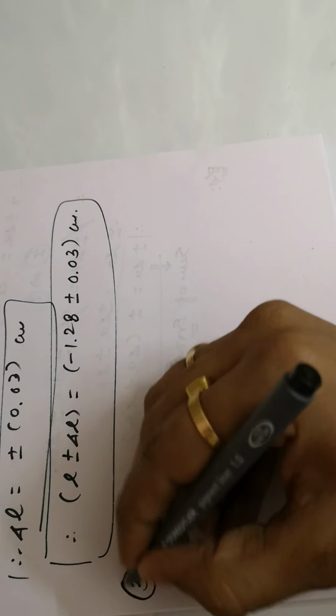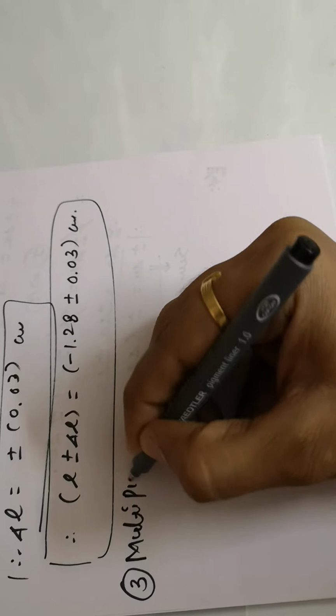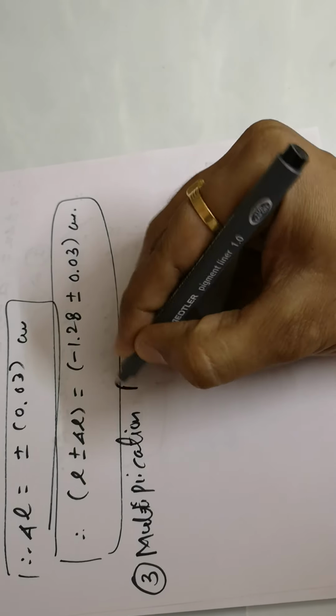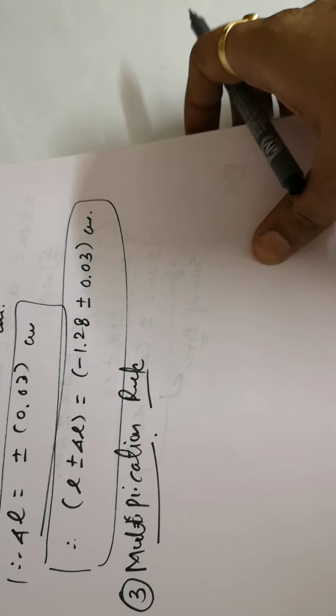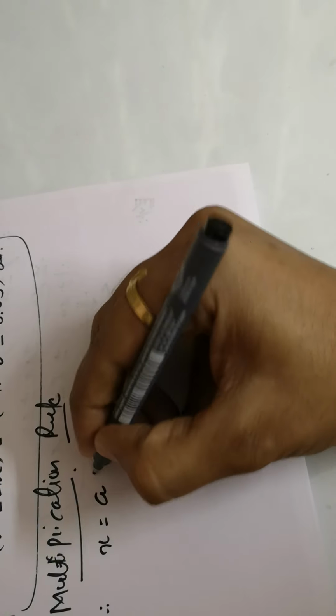Now the third part is our multiplication rule. This multiplication rule is nothing new for us. It is like the normal multiplication we are doing, but the only thing we are concerned about is its error part.